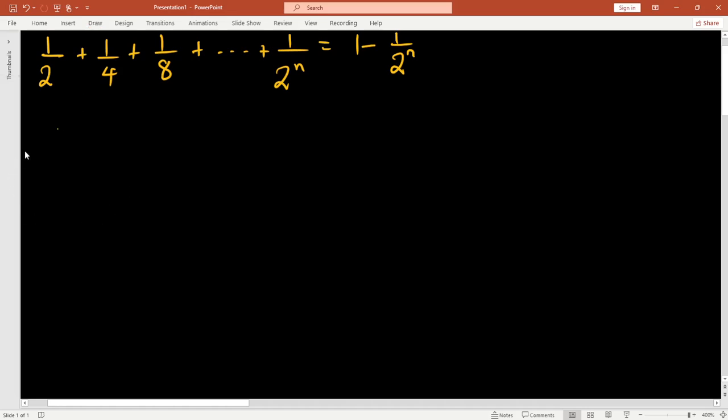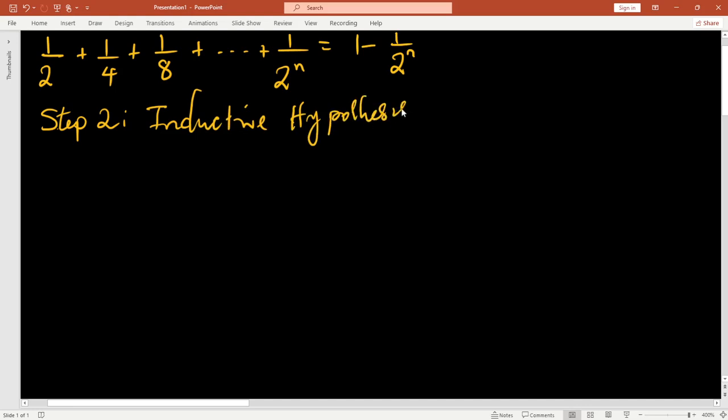Under the inductive hypothesis, we just make an assumption that the statement we have is true for n equals k. That means where there's n, we substitute k.